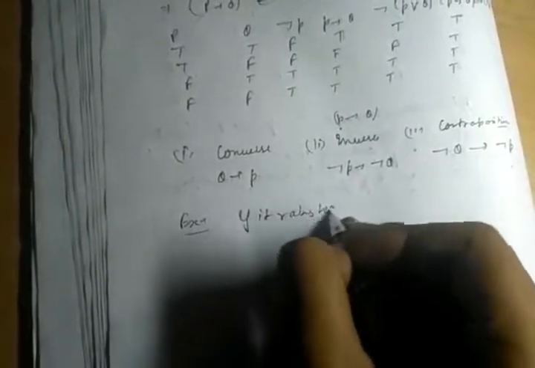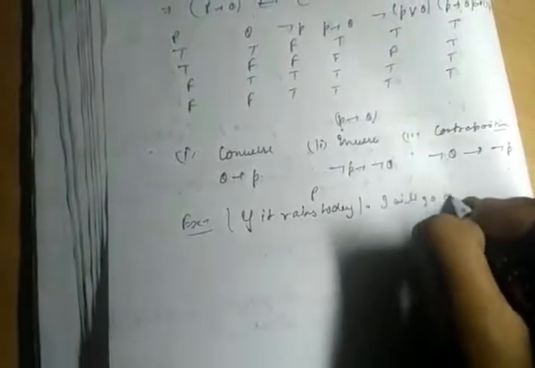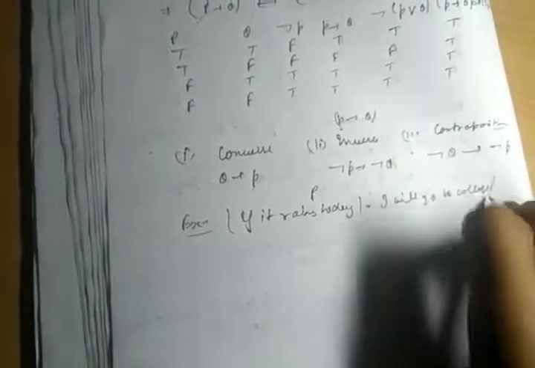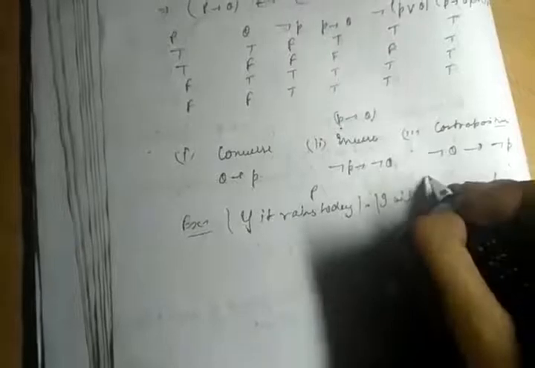If we take an example, suppose: if it rains today, that whole part is the P statement, and I will go to college tomorrow is the Q statement. Now how will you write this statement as a converse?